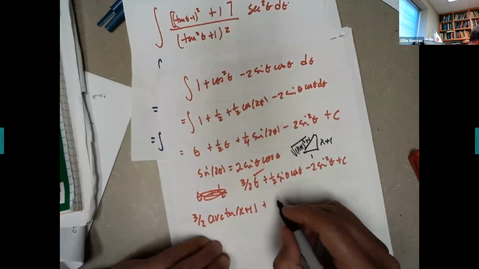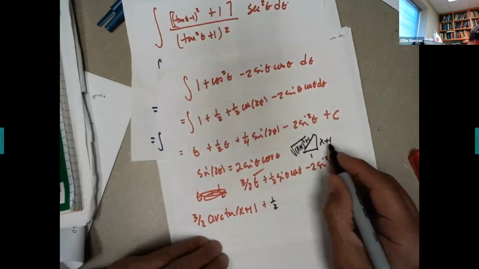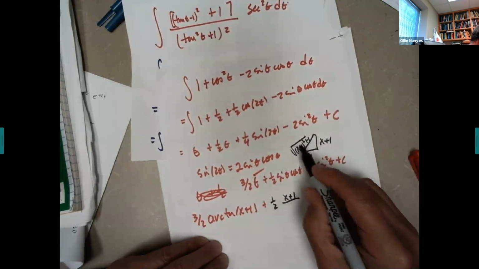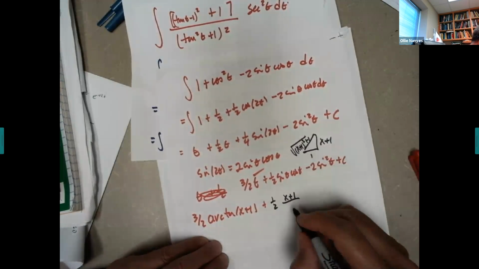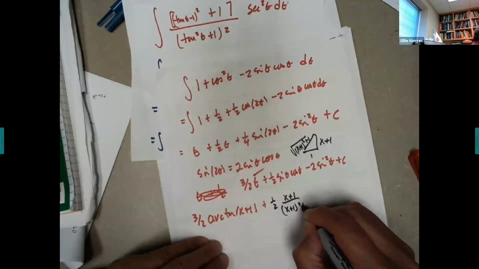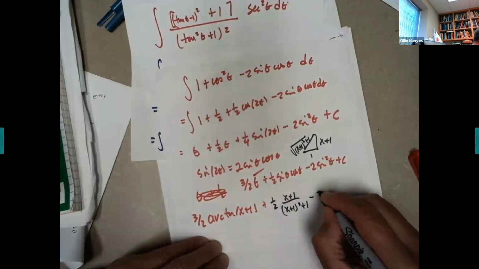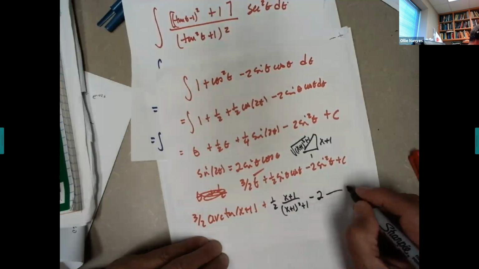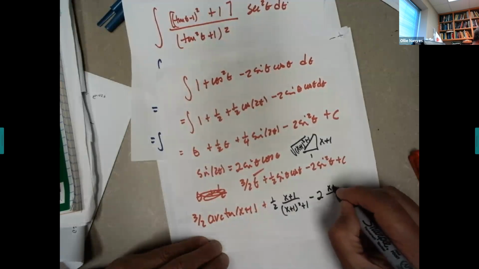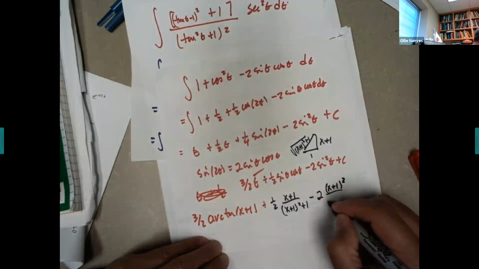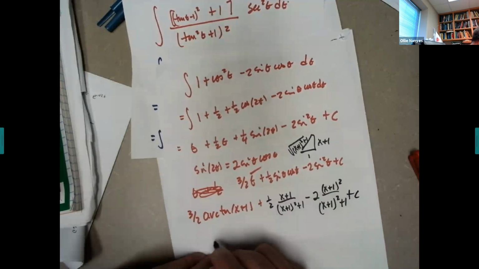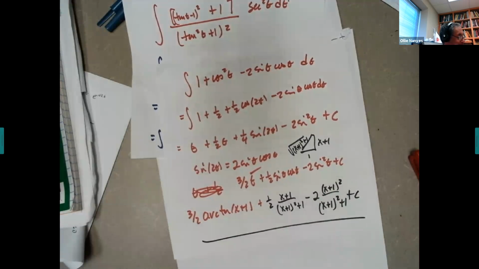So sine is opposite over hypotenuse, cosine is adjacent over hypotenuse, and the two hypotenuses give us that. And then remember sine squared. It's going to be x plus 1 squared divided by x plus 1 squared plus 1. And there it is. Okay.